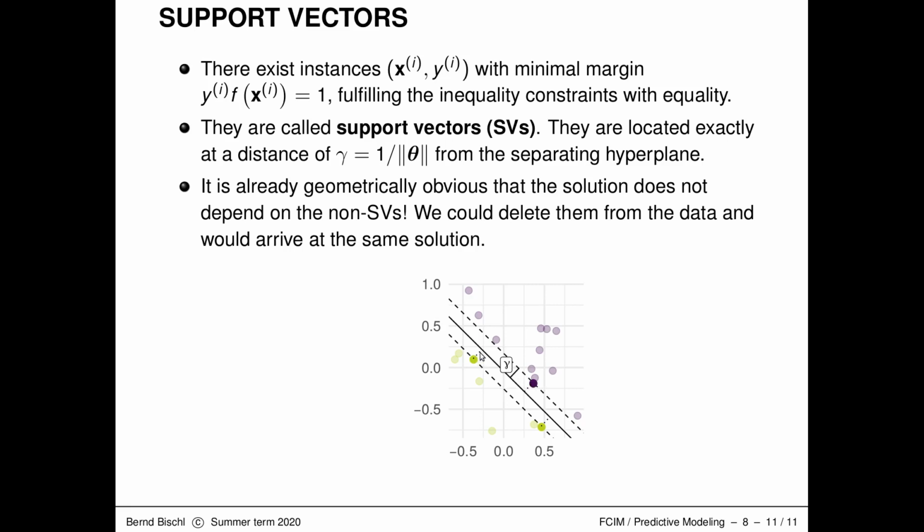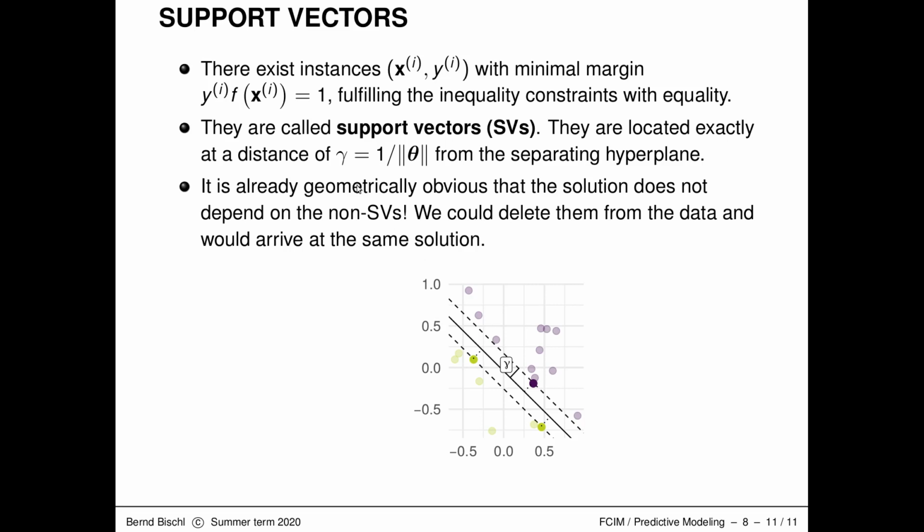And of course, there must be at least two: at least one point for the positive class and at least one point for the negative class that exactly assumes this distance gamma.